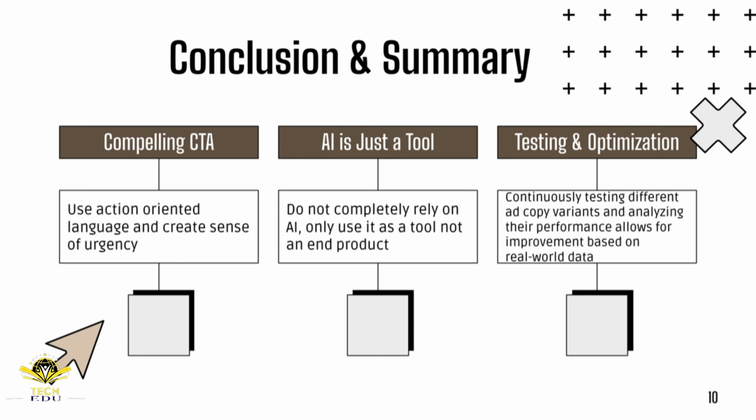The first one is, no matter how good the quality of your ad copy is, no matter how interesting your product is, if you don't specify the CTA, if you don't specify the call to action like buy now or purchase now, shop now, click this link or press this button, something like that, then most likely your potential customers who are already interested in your ad copy, who are already interested in purchasing your product, will not take actions because they have no idea what to do next.